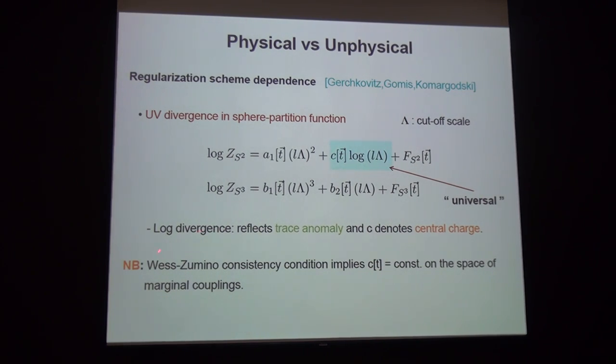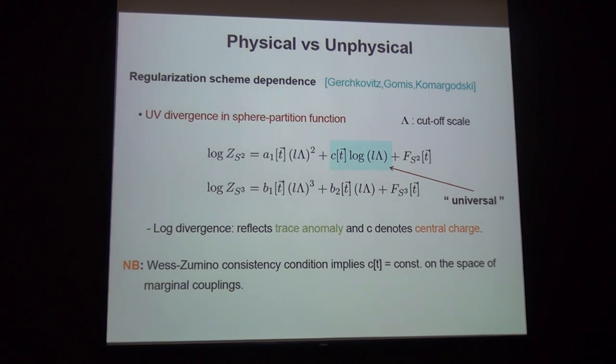Indeed, one can show that this logarithmic divergence reflects the so-called trace anomaly, or Weyl anomaly, of the conformal field theory in even-dimensional space-time. Furthermore, using the Wess-Zumino consistency condition of that anomaly, we can show that the coefficient of this logarithmic divergence is independent of the marginal coupling constant. It's just a constant on the conformal manifold of the given conformal field theory.